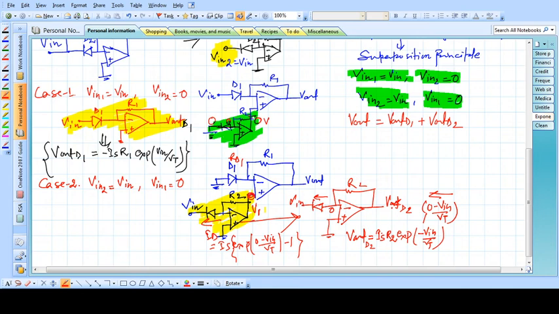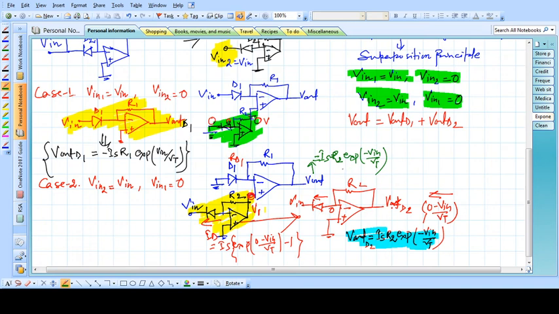So this will give the V output D2 value, which is IS R2 EXP minus V in by Vt.